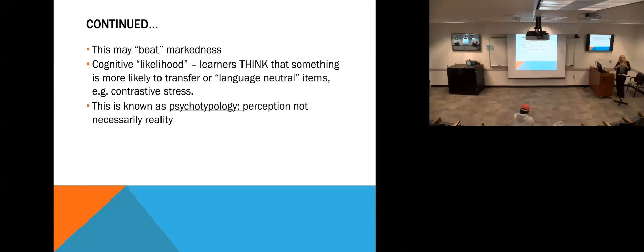If something is unmarked, it is common. So it's the opposite. Something that is unmarked would be something like SVO word order, subject, verb, object. That is an unmarked word order structure, right?